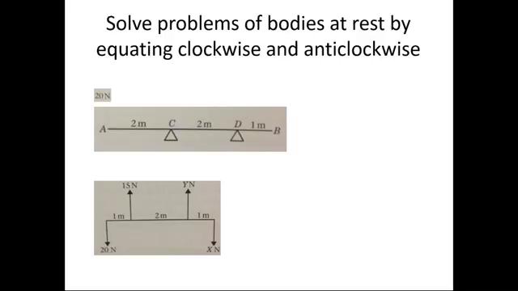Now, if I took moments about this point here, let's call that point A and point B. We want to find this one, B newtons. What is that resistance force? If I took moments about A, because A is 0 meters away, it won't be part of the equation. So when you take moments about A, that will help us find B.